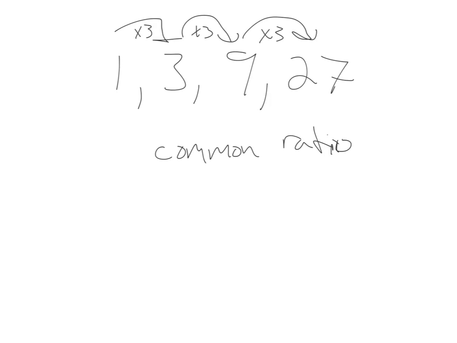Another way of thinking about it is this sequence here. If the first term is A, the next term is A times the common ratio. The term after that is A times the common ratio times the common ratio, or times the common ratio squared. The next term is A times the common ratio times the common ratio times the common ratio, or times the common ratio cubed, so on and so forth.